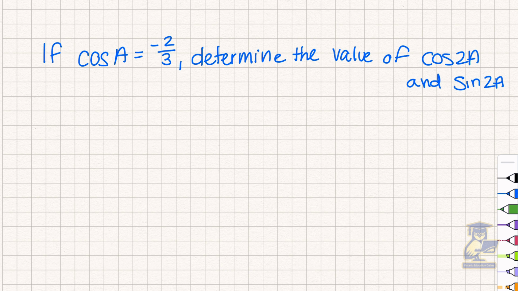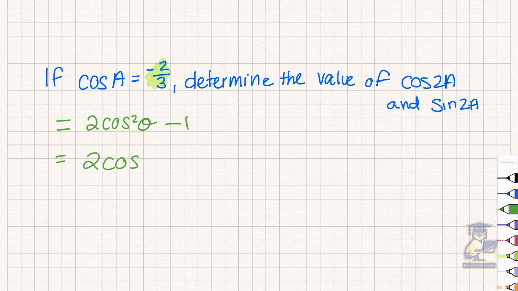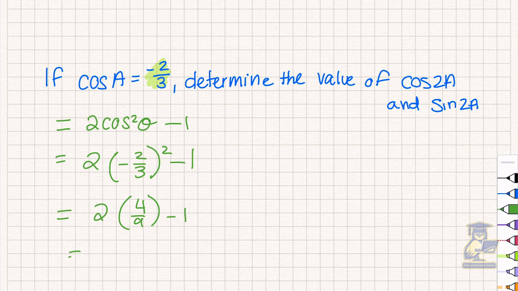So we will have 2 cos squared theta minus 1. So that is 2 cos squared minus 1, which gives us 2 times 4 over 9 minus 1, which is equivalent to negative 1 over 9.